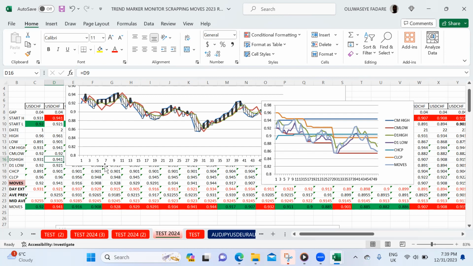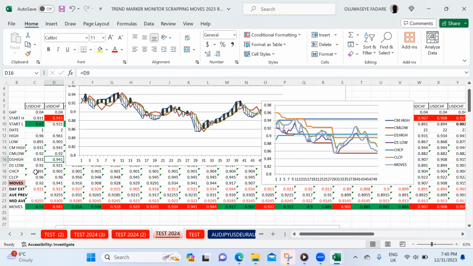So this shows how the market is moving using our daily, or weekly in this case, our weekly positions. That's the D1 high and the D1 low. Then the CHCP is like a control point.